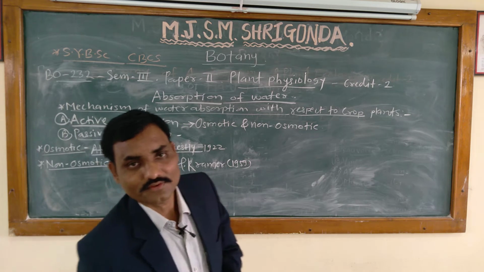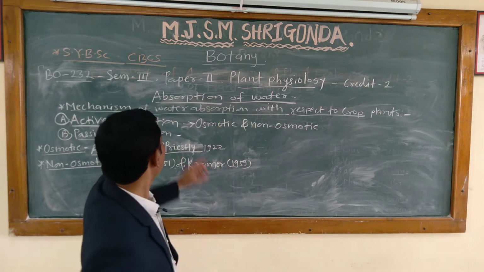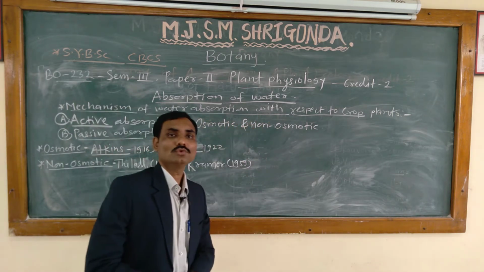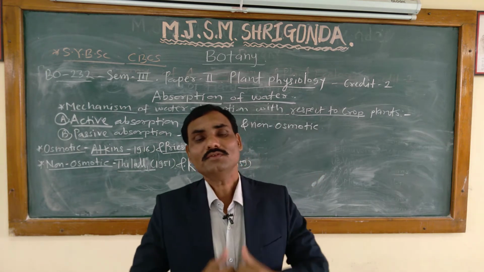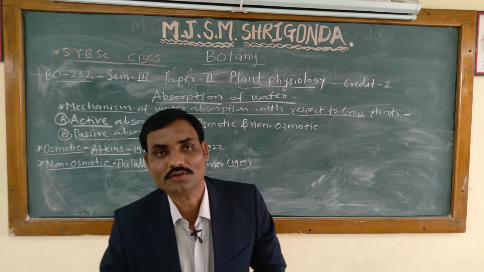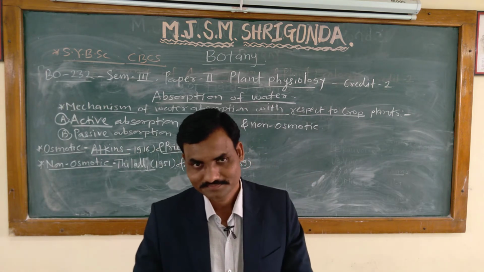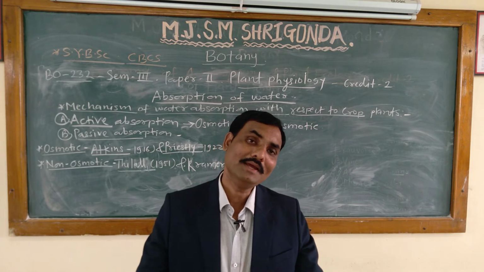In today's video, we are going to learn about the mechanism of water absorption with respect to crop plants. Means how water is absorbed in crop plants. Water is required for the living plant.